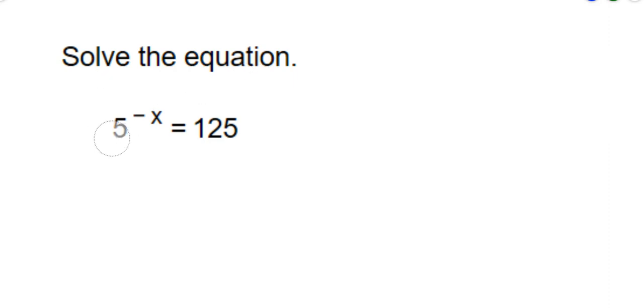Solve the equation 5 to the negative x equals 125. I'm going to solve this equation with the one-to-one property of exponential functions. This one-to-one property says that if you have the scenario with b to the u equals b to the v, so you have these exponential expressions with the same base, the one-to-one property says that those exponents have to be equal to each other.